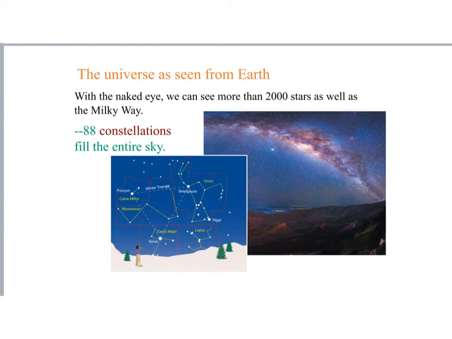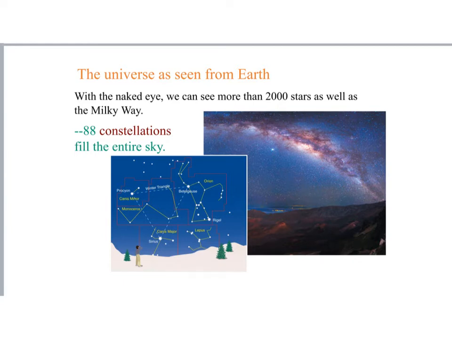Just as a reminder, with the naked eye, if we're lucky, that is, if we're far away from stadium lights or city lights, we can see not much more than 2,000 stars. That is on a really good dark summer night.